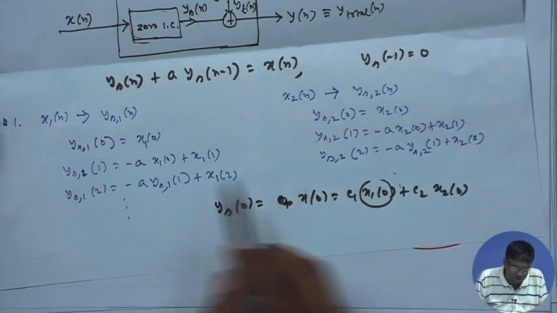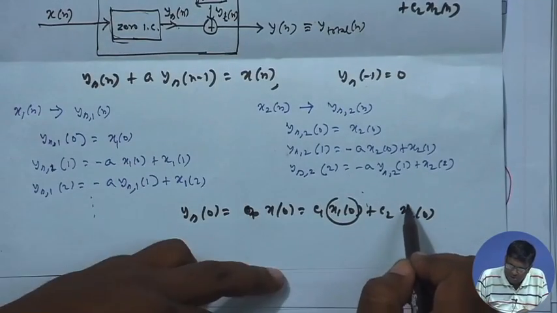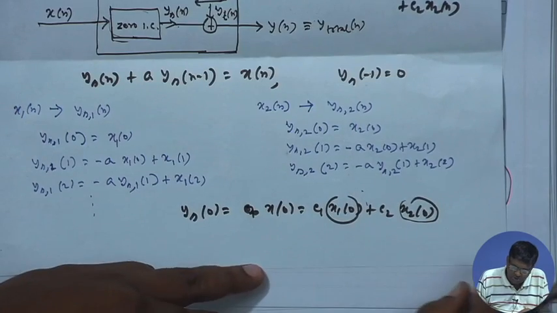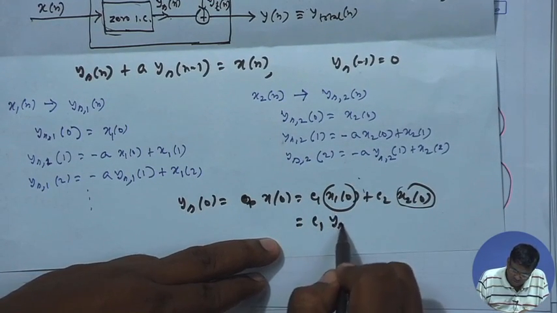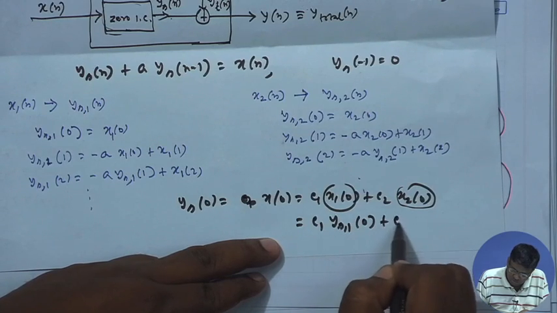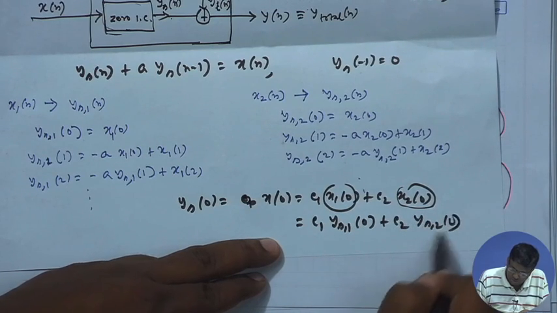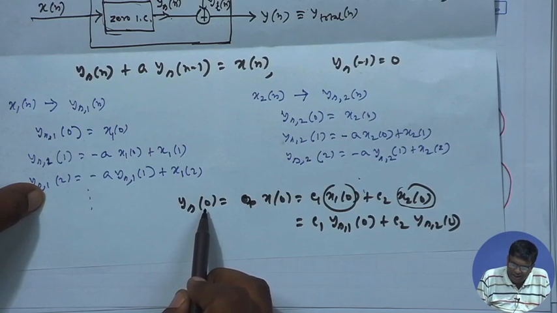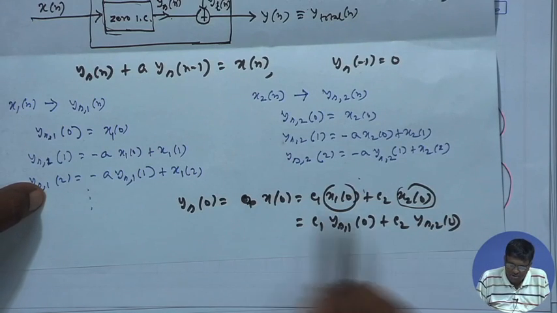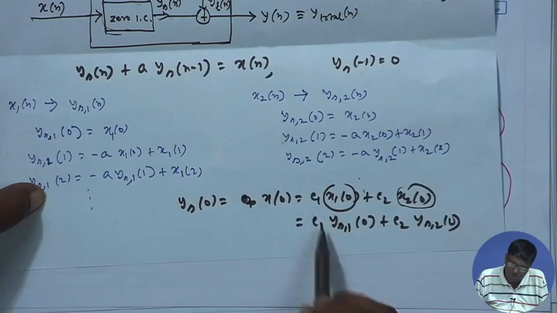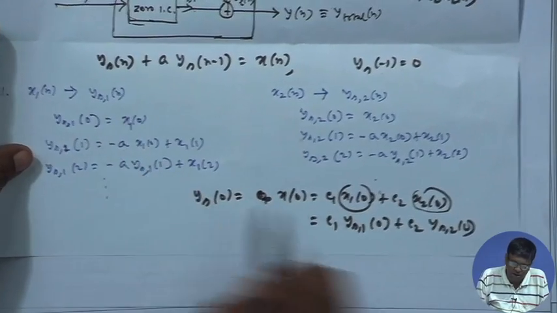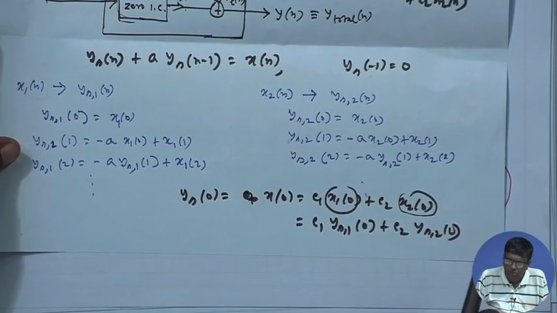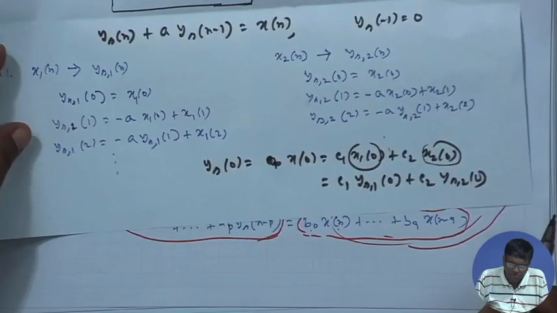This much was your y_s1[0], this much is your y_s2[0]. So at least at index 0 it is linear, that is, the total output is c_1 times the output for case 1 and c_2 times the output for case 2, where case 1 means input x_1[n] and case 2 means input x_2[n].